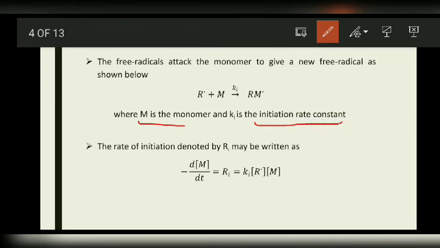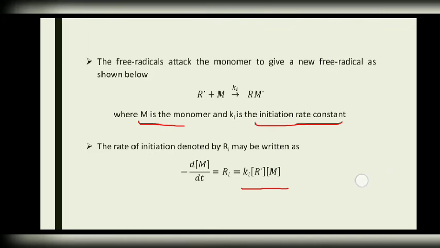So the rate of initiation is given by -d[M]/dt, that is the rate of change of monomer concentration, which is equal to Ki times the molar concentration of R dot, that is the free radical concentration, times the molar concentration of M, that is the monomer. In this equation you can observe that the rate of initiation is proportional to the concentration of free radical as well as the concentration of monomer.